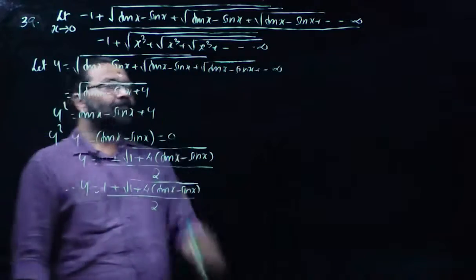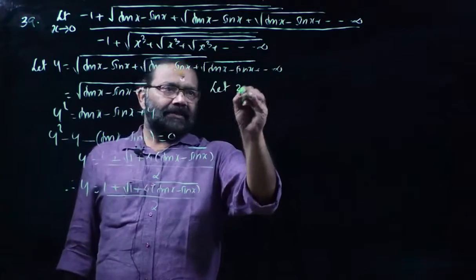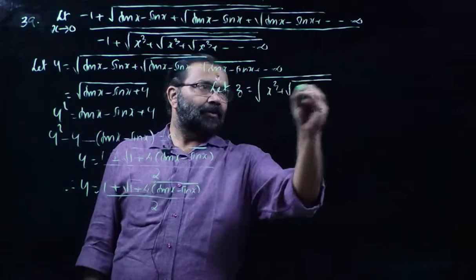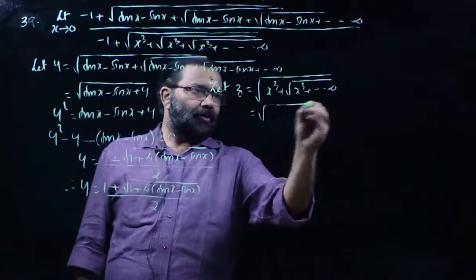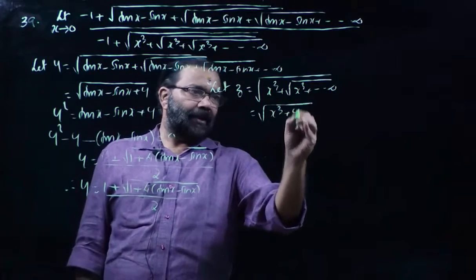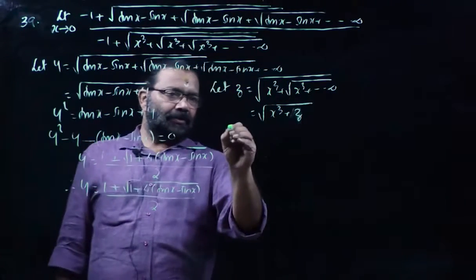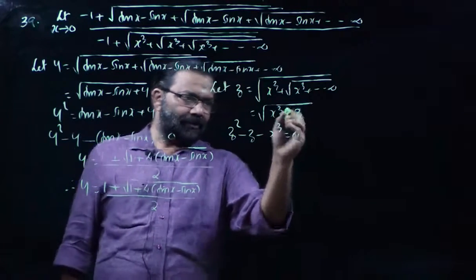In the same way, let us calculate, let z equal to root of x cube plus root of x cube plus etc. up to infinity. So root of x cube plus z, taking it as z. So z square minus z minus x cube equal to 0.